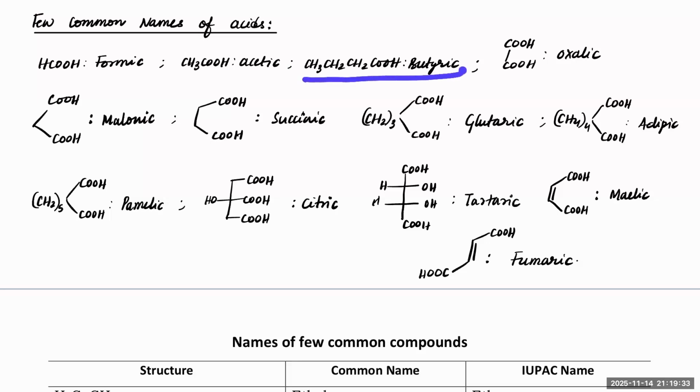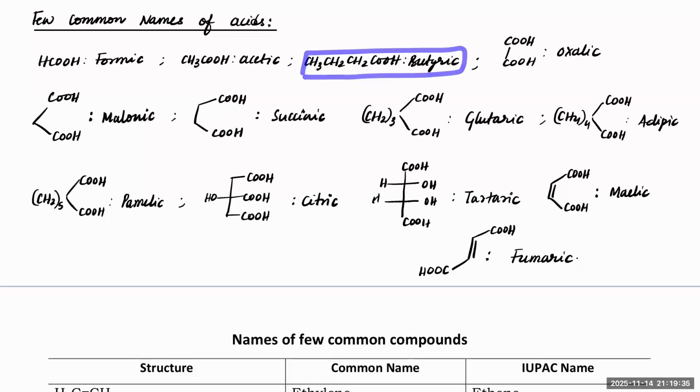Next is butyric acid, the common name. The IUPAC name is butanoic acid. The 2-carbon acid is oxalic acid. Clear? And if you notice, there are carboxylic acids at the 1 and 2 positions, so it is ethane-1,2-dioic acid.